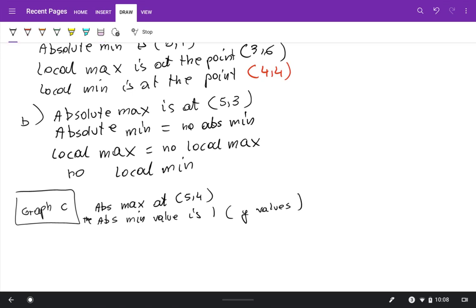X coordinates just give you the direction where you can find that absolute minimum. So the absolute minimum is 1, and is located at the interval 1 comma 2.